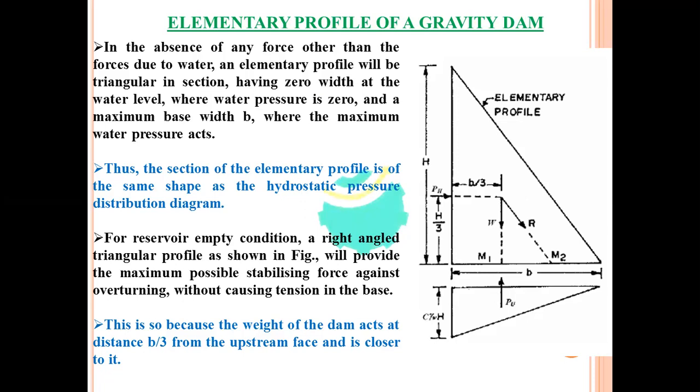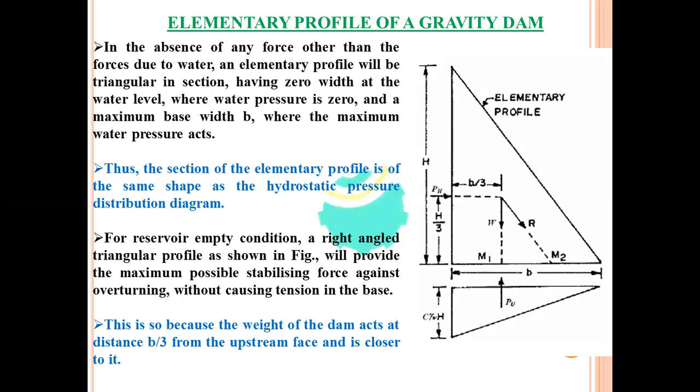Next, for the reservoir empty condition, a right angle triangle profile as shown in the figure will provide the maximum possible stabilizing force against overturning without causing tension in the base. So in the design, first we assumed that the reservoir is empty, that means there is no storage of water in the reservoir.